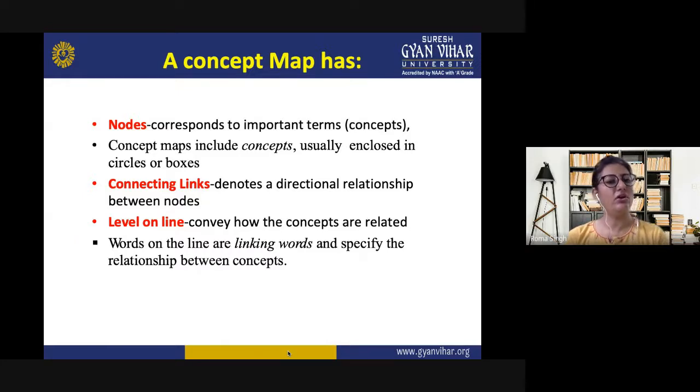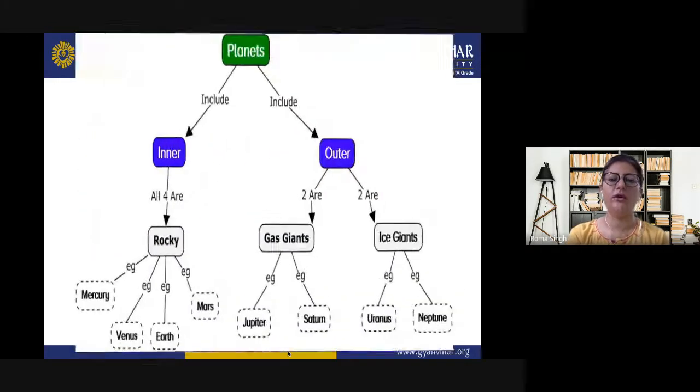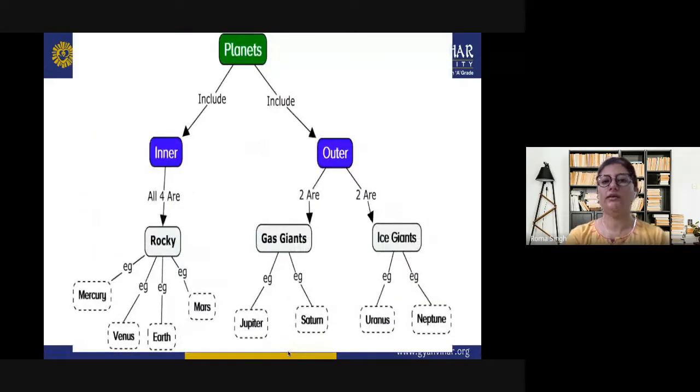Then there is a label on the line. It conveys how the concepts are related. So these are the linking words which are given on the line, and it specifies the relationship between the concepts. So these are the important elements which we have to include while preparing our concept map.